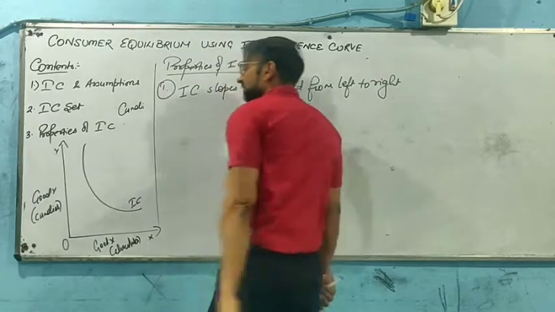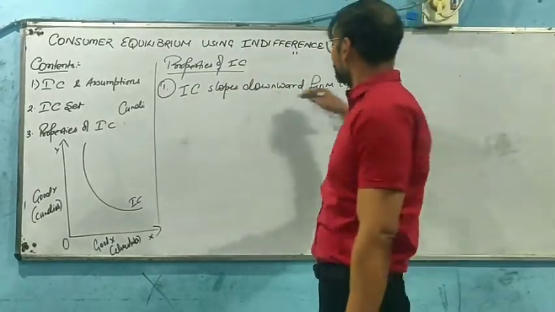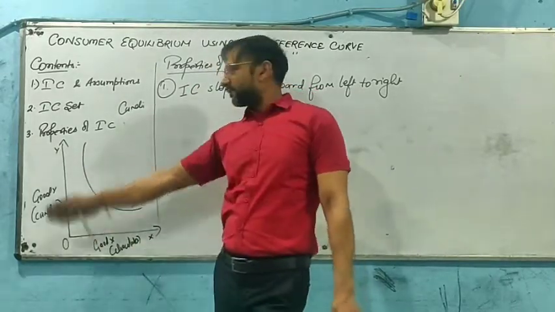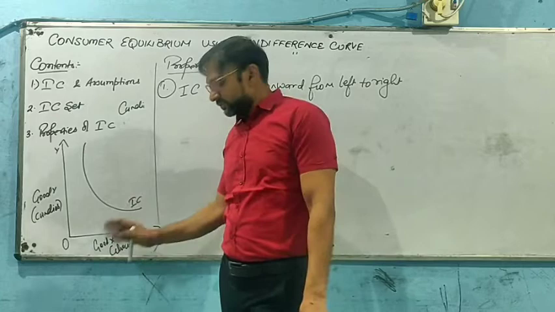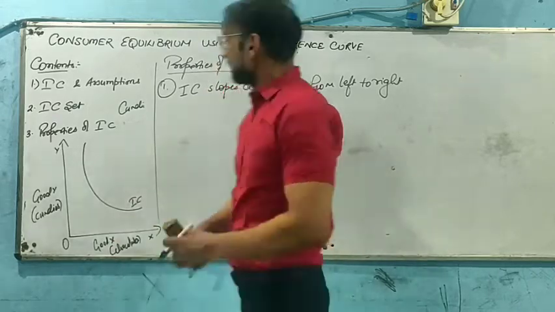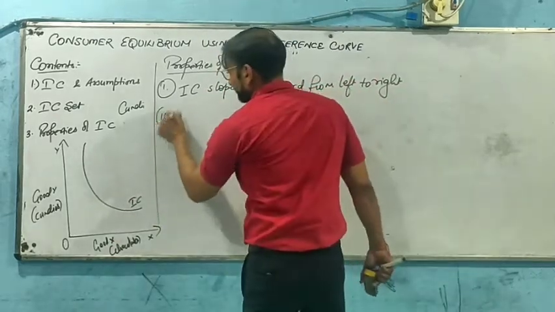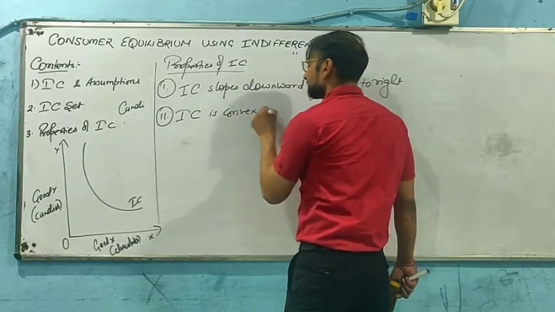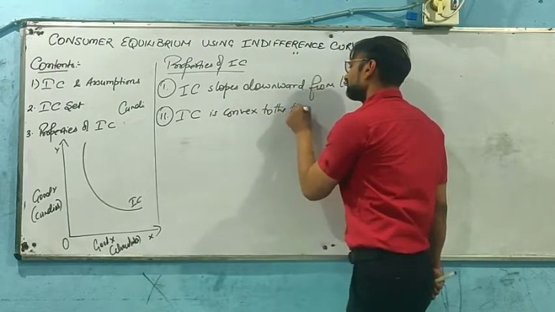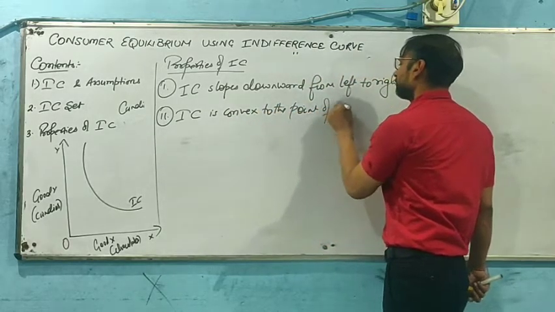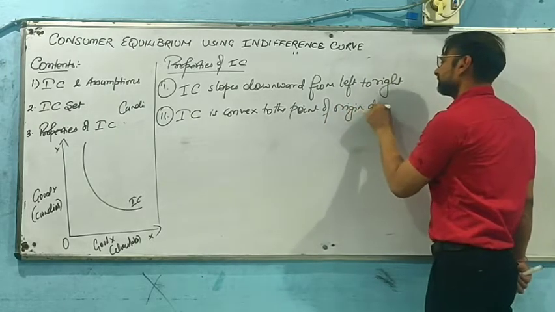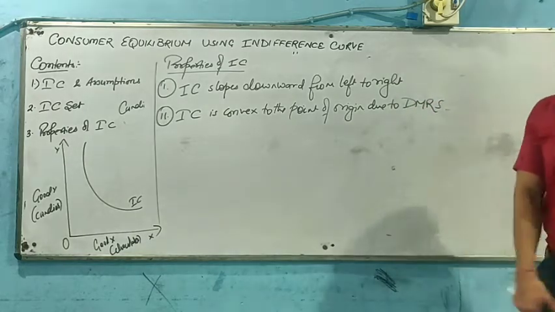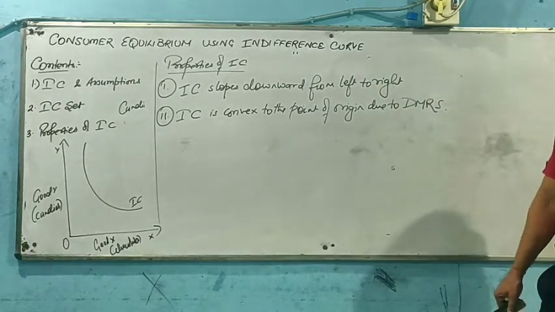So indifference curve slopes downward from left to right, which indicates that a consumer is willing to sacrifice more candy for the gain of chocolates due to DMRS, and this leads to the second property, that IC is convex to the point of origin due to, as we just told you, DMRS, or diminishing marginal rate of substitution.